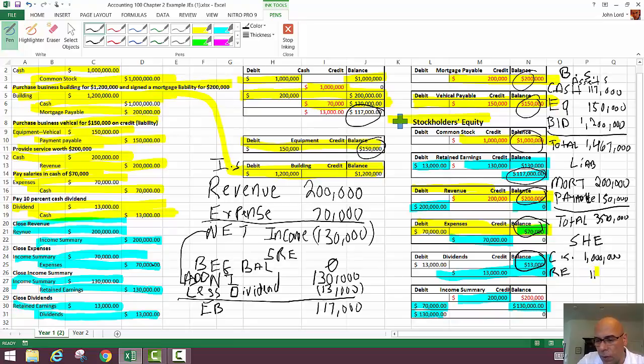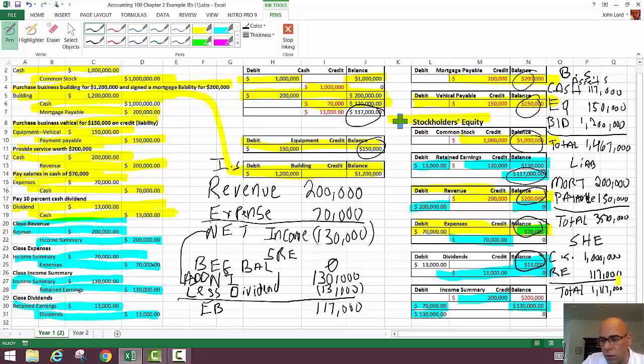Okay, that looks pretty good. 117,000. And so we go ahead now, and we have a total stockholders' equity of 1,117,000.